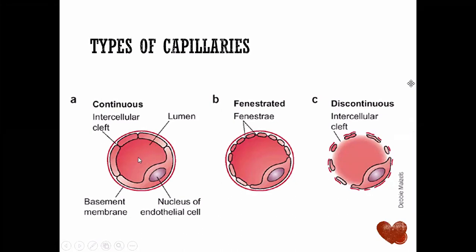These are the lumen, and this is the nucleus of the endothelial cell. Okay. And then the fenestrated, you see here, there is fenestra, opening. As compared to this, you see? Okay. There are clefts, but these are not openings. And then these are your openings as compared to discontinuous.